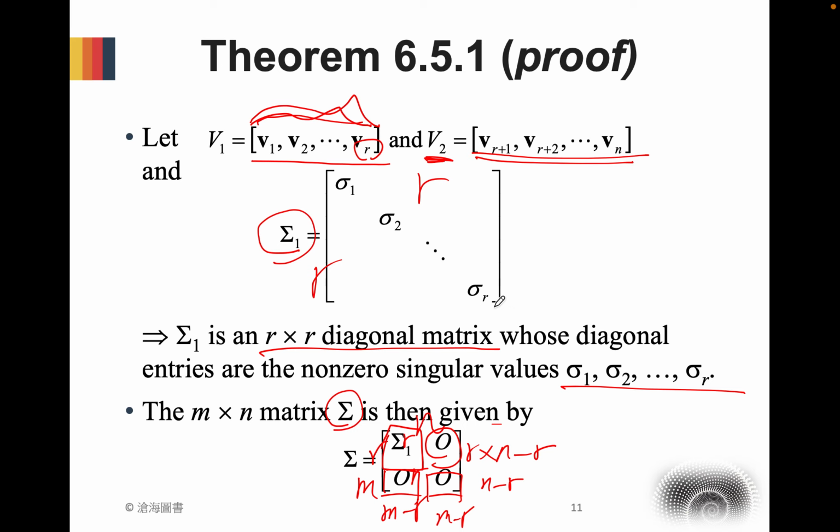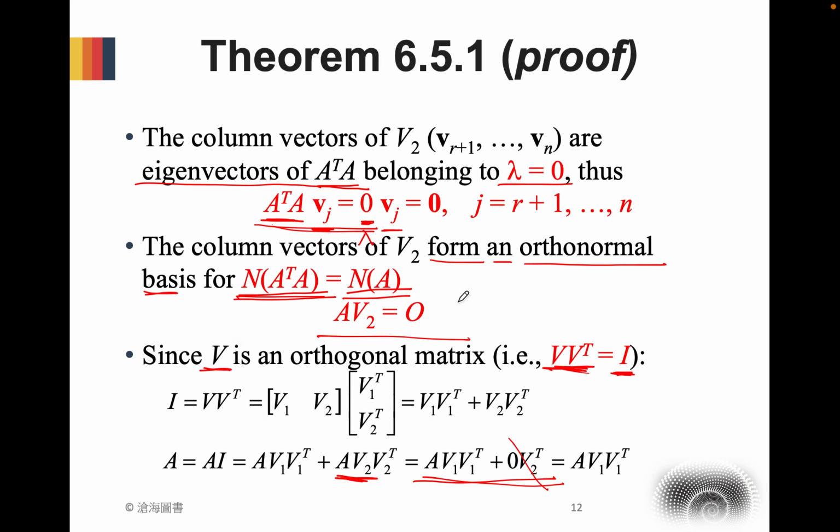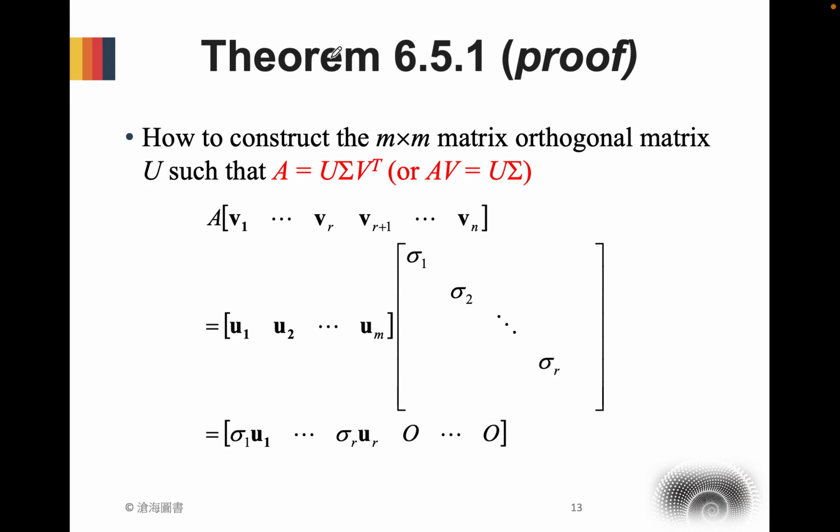Both V and sigma can be separated into several parts, including the first R eigenvectors or the first R singular values. So now we know how to calculate sigma and V, but how to calculate U?